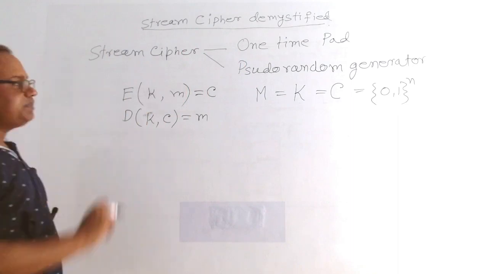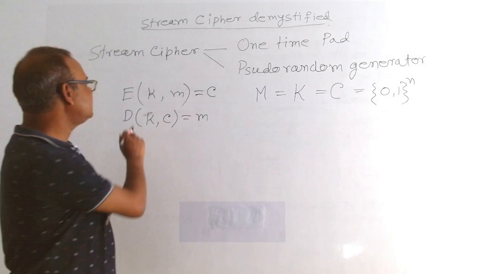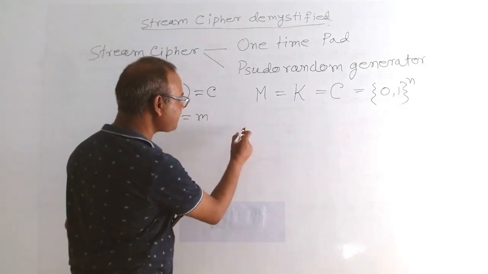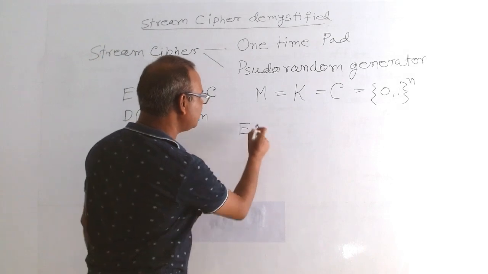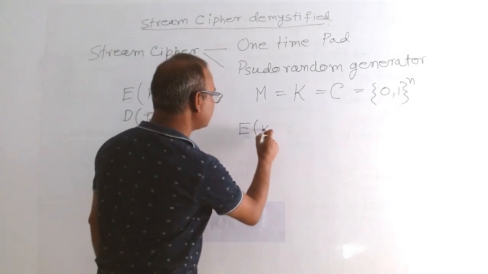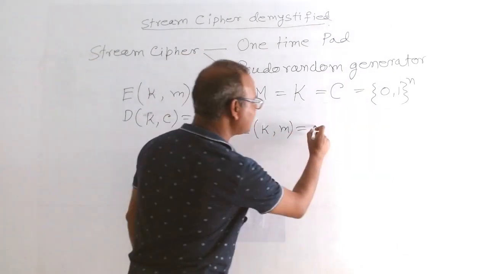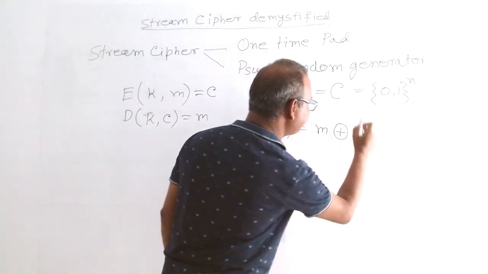So how does OTP work? The algorithm for OTP is very simple. We just write it this way: encryption of k, m equals m XOR key.